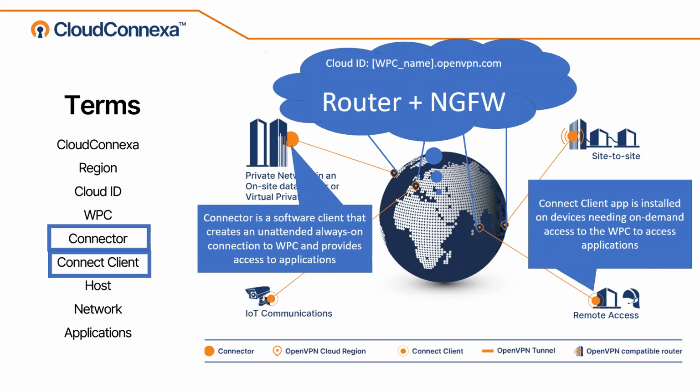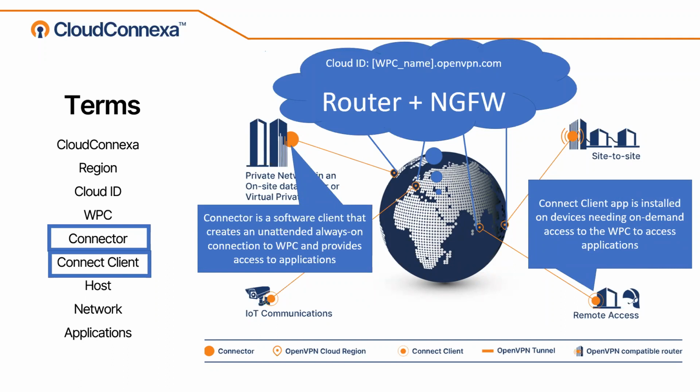Now, we call the same client application sometimes a client and sometimes a connector. And you may be wondering why. We use the term connector to distinguish the connection from a typical on-demand client connection, like a remote user.